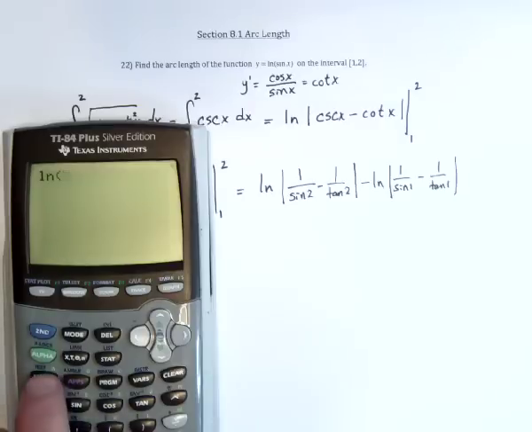Now that is under math. Move over to number. Take the absolute value. 1 divided by sine of 2 minus 1 divided by tangent of 2. I need a parenthesis for the absolute value and a parenthesis for the natural log. And then minus the natural log.